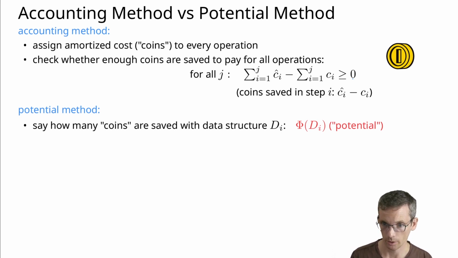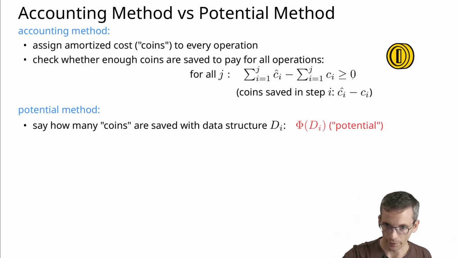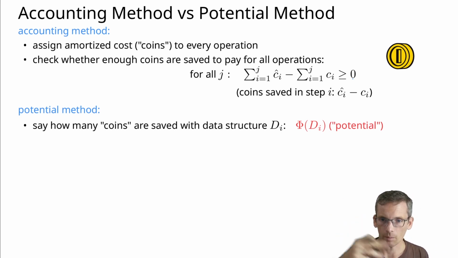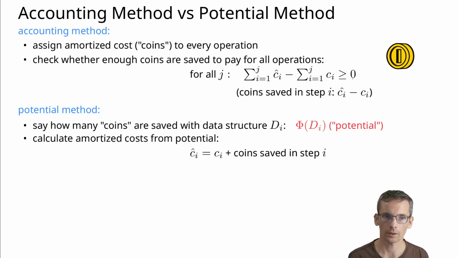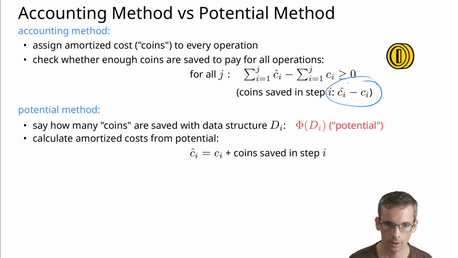And that is my potential. This is what I define, and then from there I have to calculate the amortized cost. If I know what my potential is, then from that I can compute the amortized cost of the ith operation. Namely, we look at what we had up here: the coins that we're saving in the ith step are the amortized cost minus the actual cost of the operation.